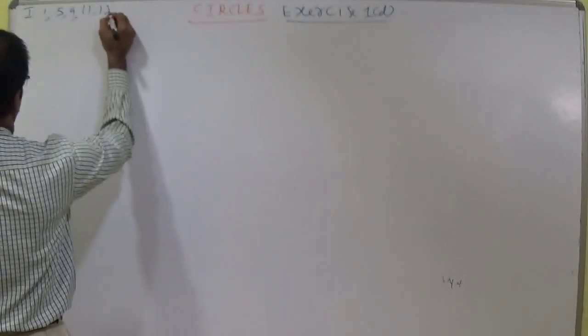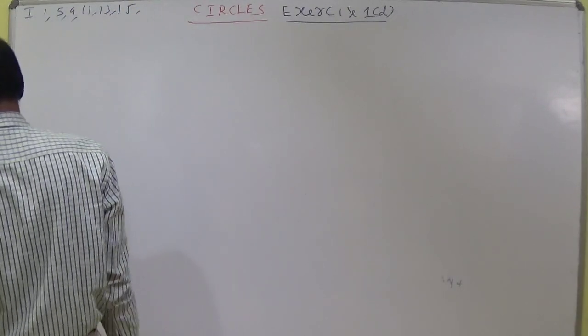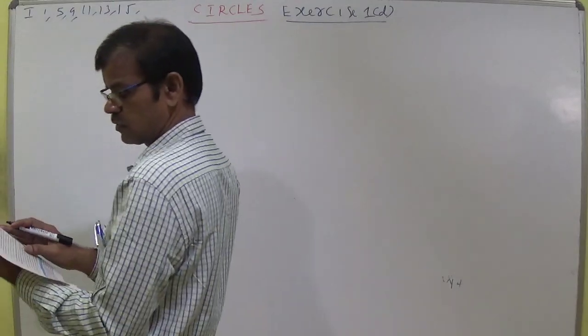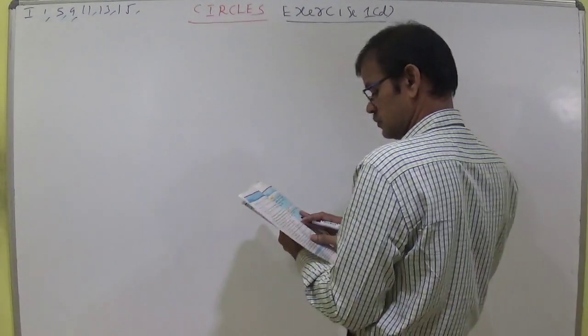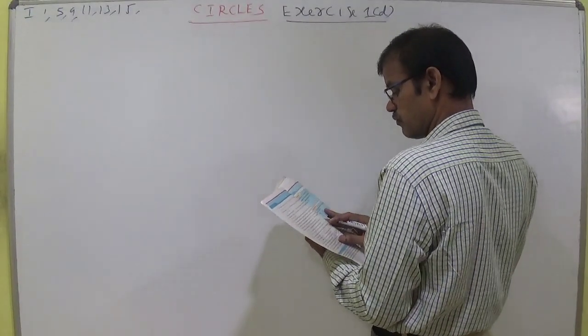First Roman: 1, 5, 9, 11, 13, 15. Second Roman: 1, 4, 6, 7.